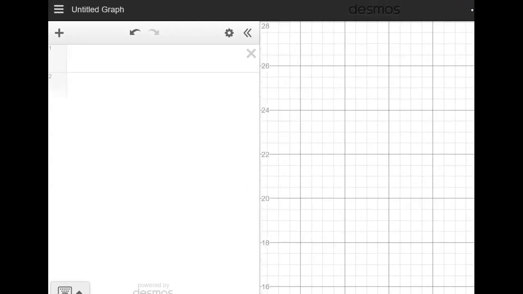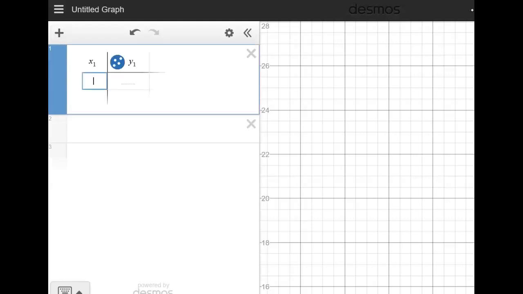Okay, so to take the data, this is going to be important. I want you to hit this plus button right here, and then we hit the table. This is going to allow us to put in a table of values. So our input values are our X values, and we're going to put in the number 35.